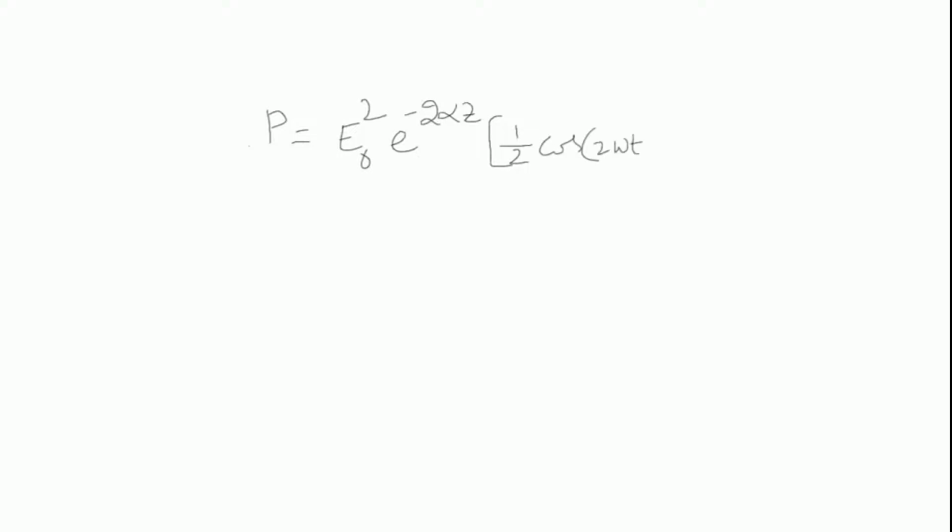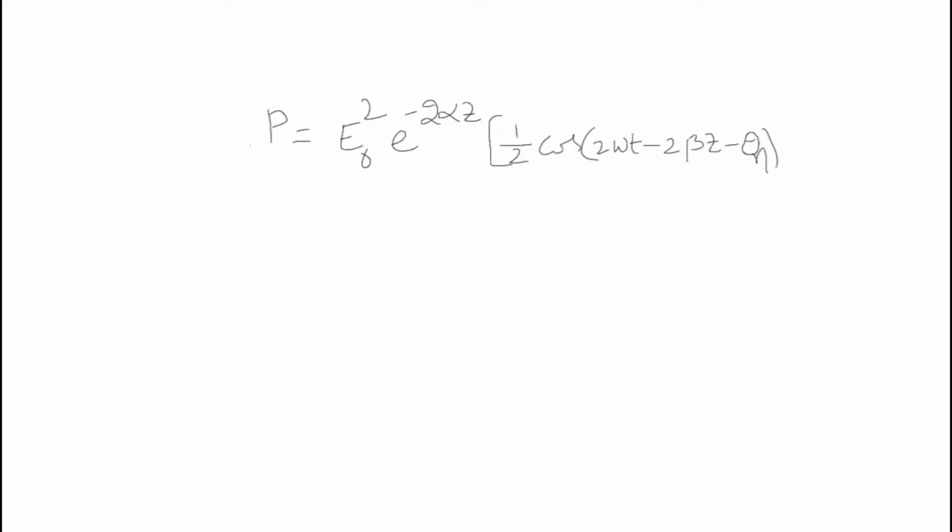So P is equal to E cross H, that is equivalent to E naught square e to the power minus 2 alpha z, and cos A cos B can be written as half into cos of A plus B, that is omega t plus omega t is 2 omega t, minus beta z minus beta z, that is 2 beta z, minus theta eta.